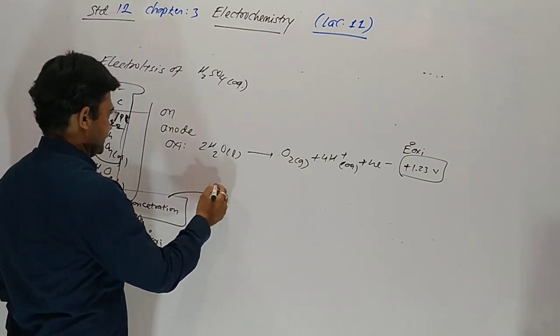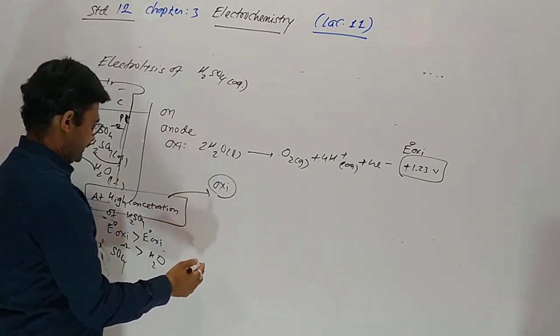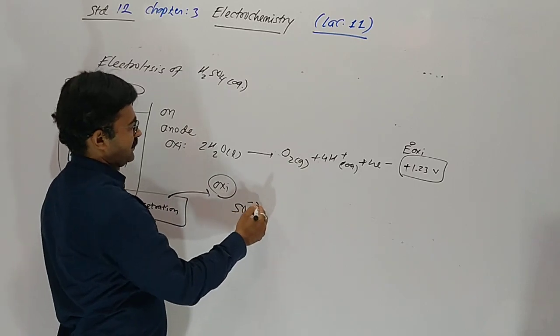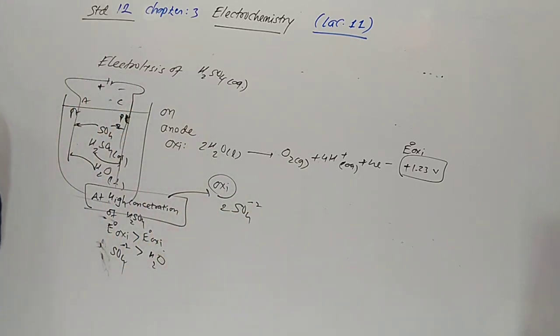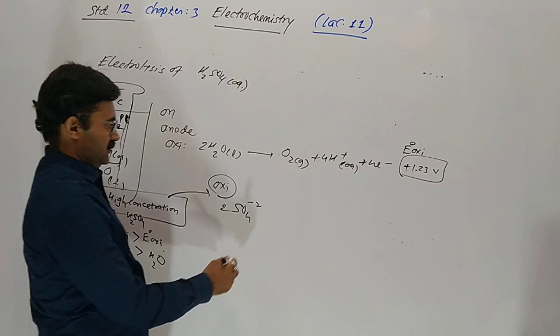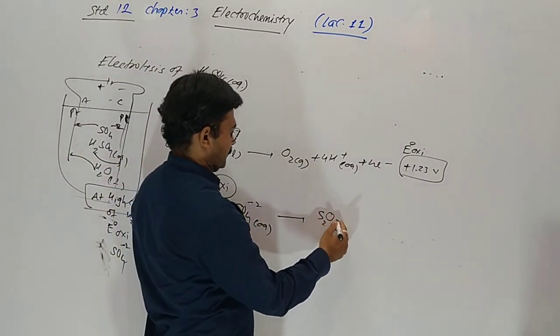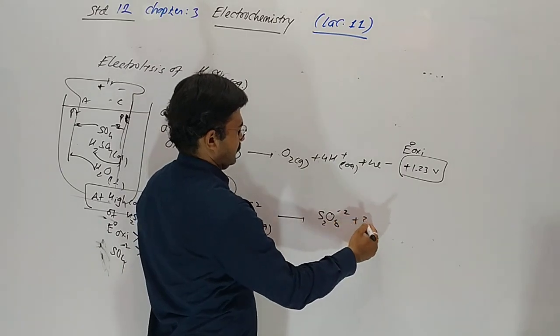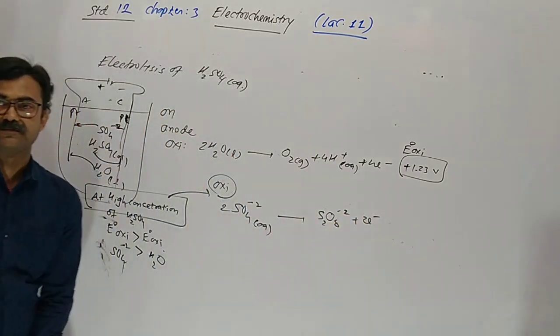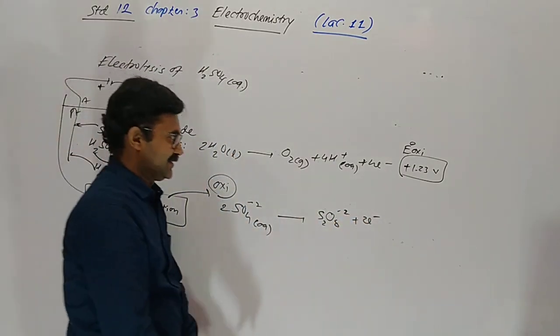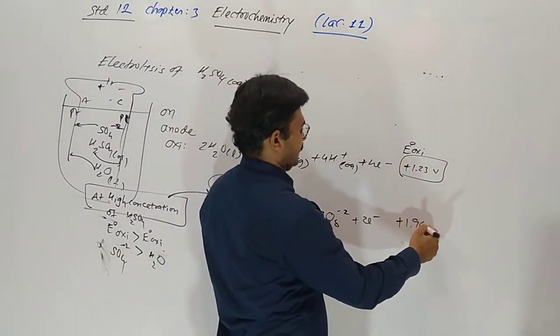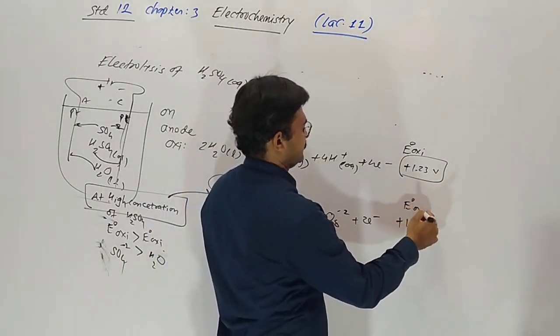So in that case, oxidation occurs of the sulfate ion. Oxidation of the sulfate ion gives S2O8 2 minus and 2 electrons, with 1.96 oxidation potential.